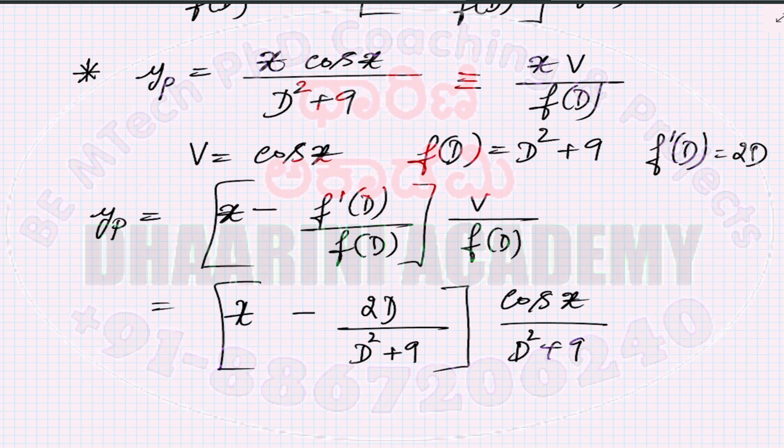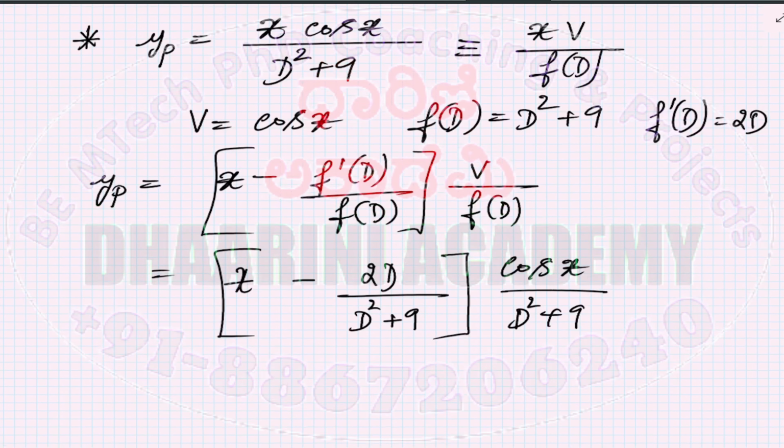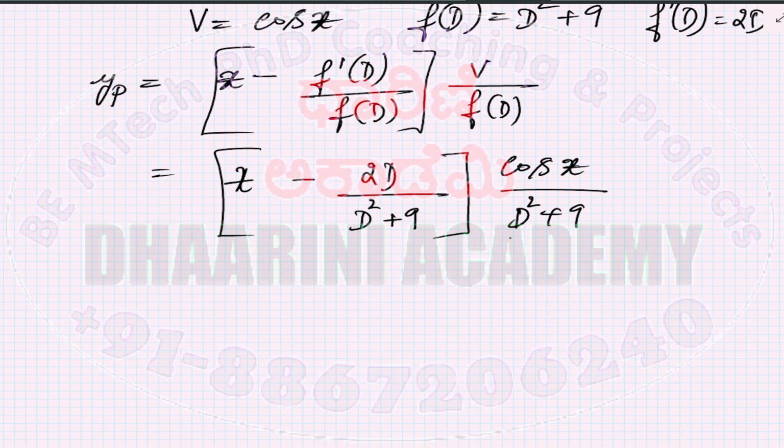Okay, so now I understand one thing from this, that this particular term is actually a type 2 function. So replace D square by minus a square. That means I should replace D square by minus 1, because in cos ax, a is equal to 1 in this case. I should replace D square by minus of 1 square, that's minus 1.